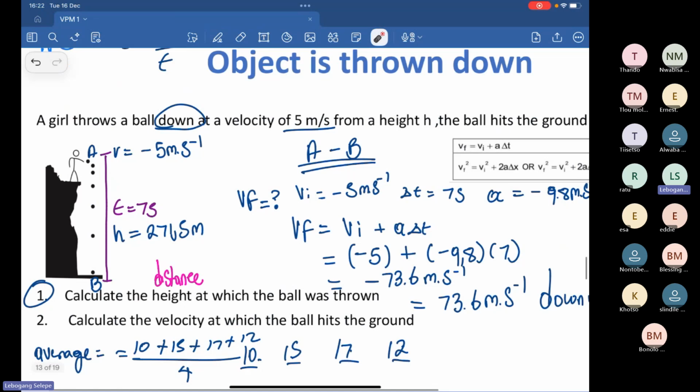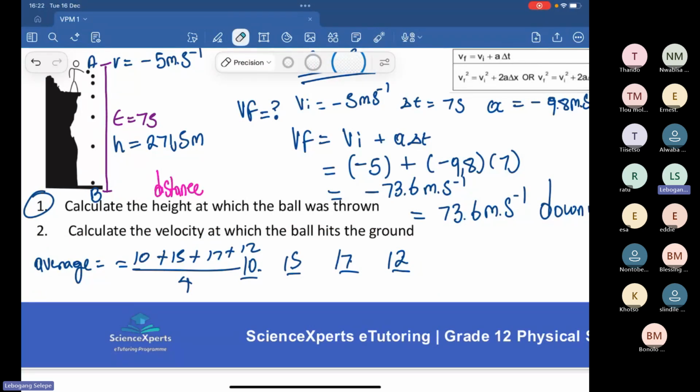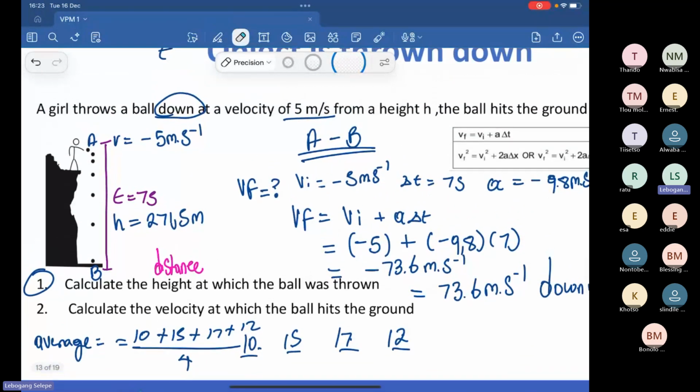The idea of something being average, this is how I can explain it to you: on average, this is how fast you were moving. Just like in class, when they want the average mark, they don't take the maximum plus the minimum divided by 2. They add all of them, then divide by the number of students in class, just to see on average how you are performing. Same thing, average speed just shows you on average how fast you are moving.